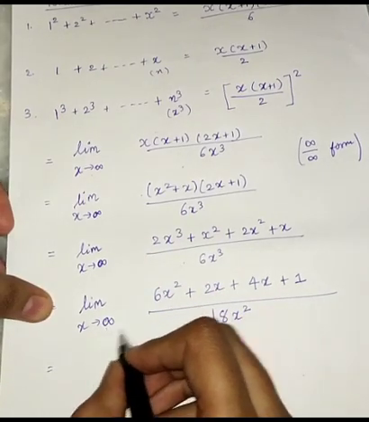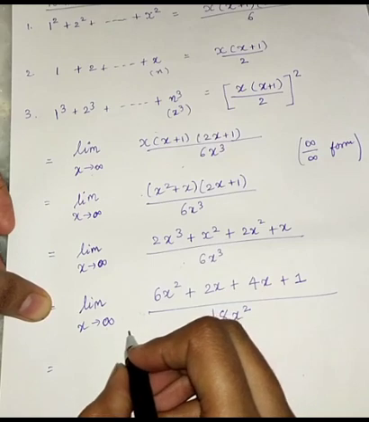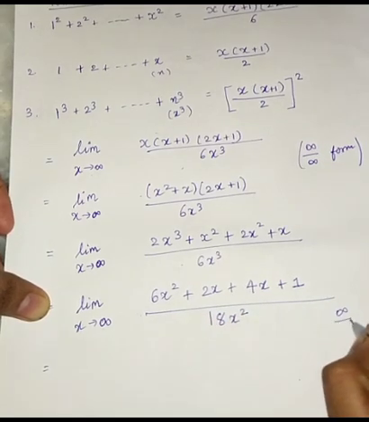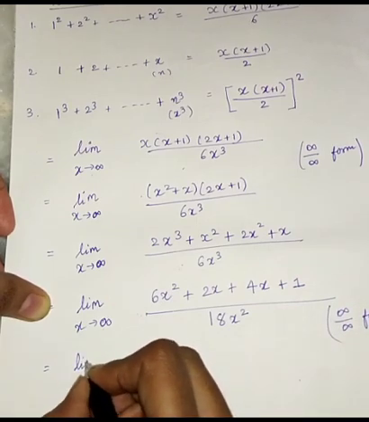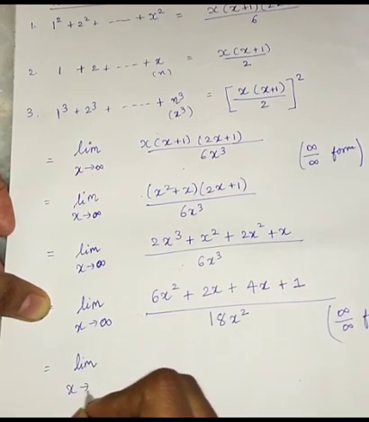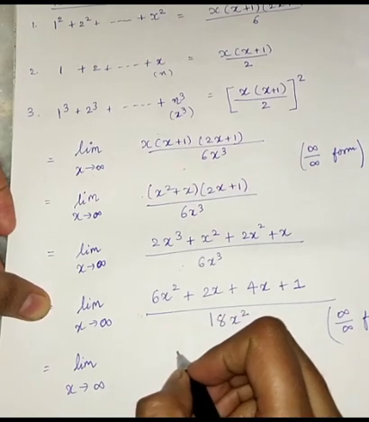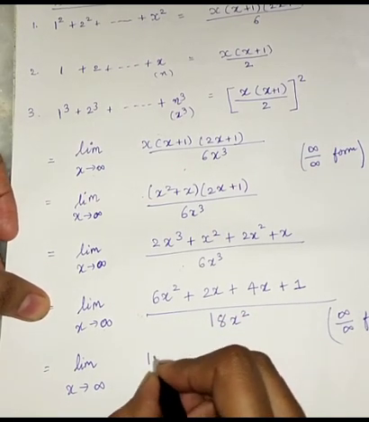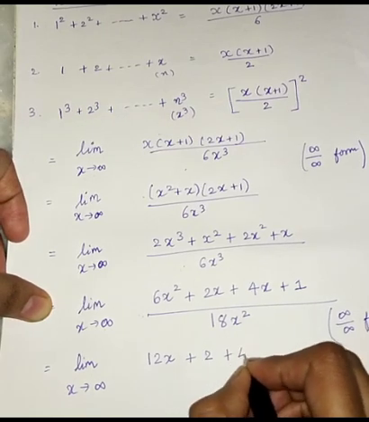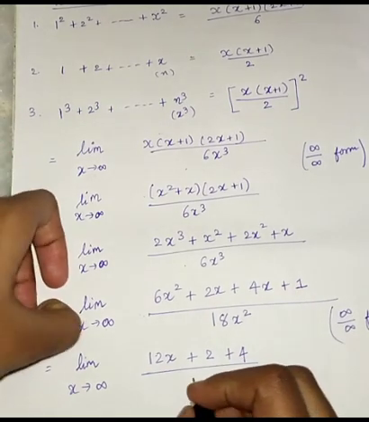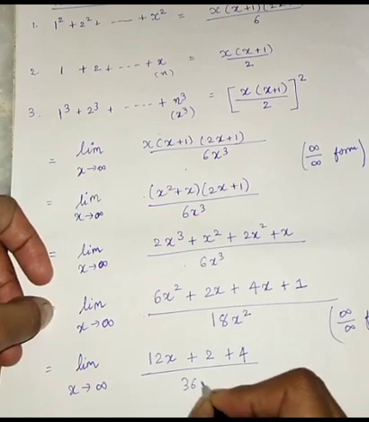Now again if we substitute this limit, we get infinity by infinity form. We get infinity in the numerator part as well as in the denominator part. So we will again differentiate this equation further. So we get 12x plus 2 plus 4 upon 36x.